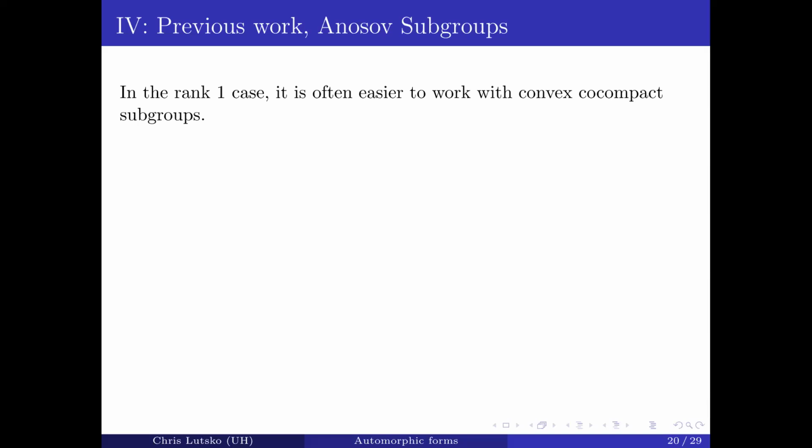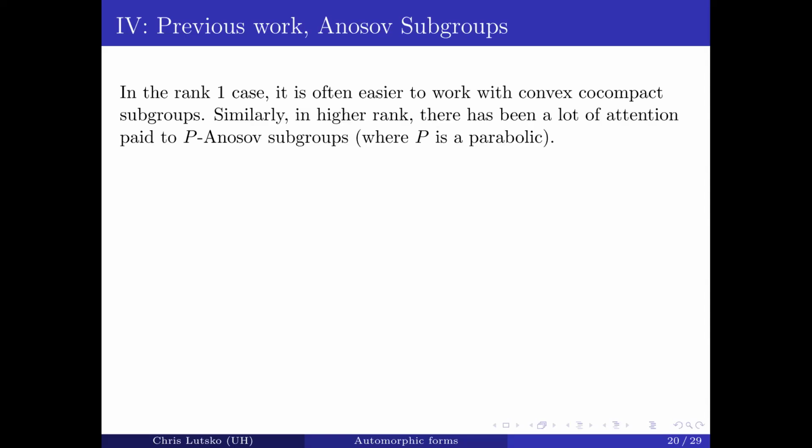So basically, if you cut off all of the funnels, you end up with something convex and compact. In higher rank, I think everything is convex co-compact, or it stops having any meaning. And so people instead have turned their attention to P and Nossoff subgroups.